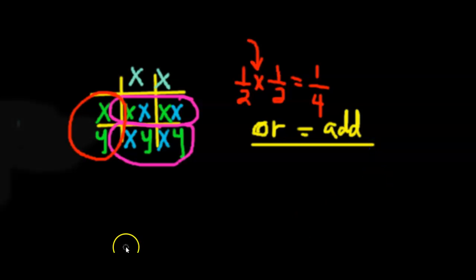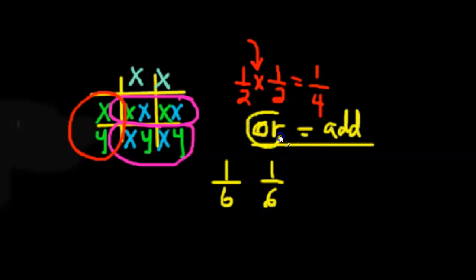So the probability of getting a 1, first one is 1 out of 6. Right, there's 6 possibilities. Or possibly getting a 4, which is also 1 out of 6.